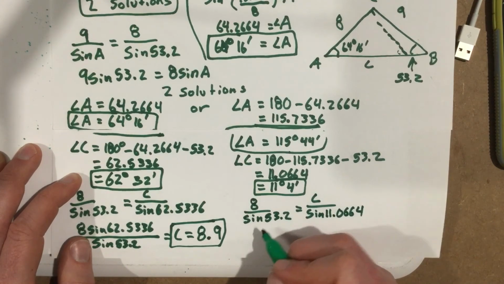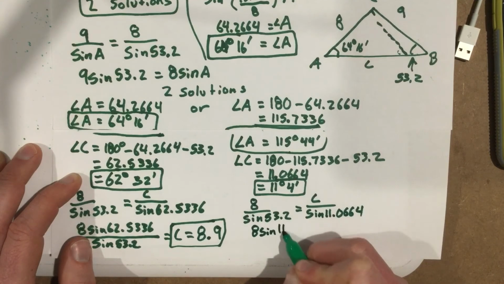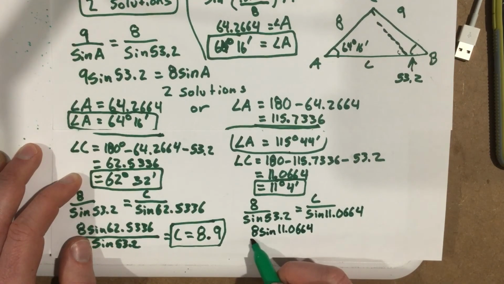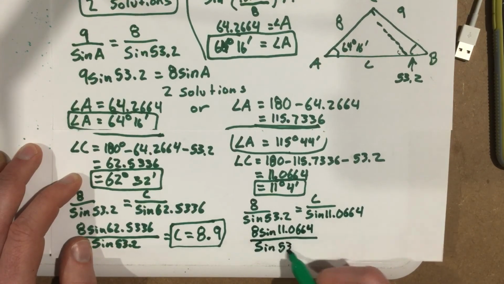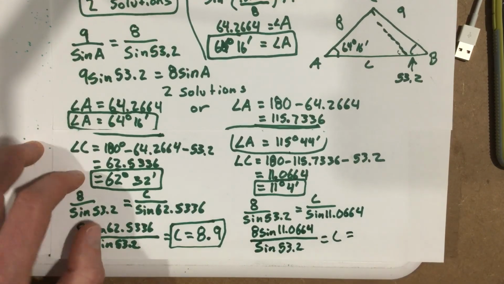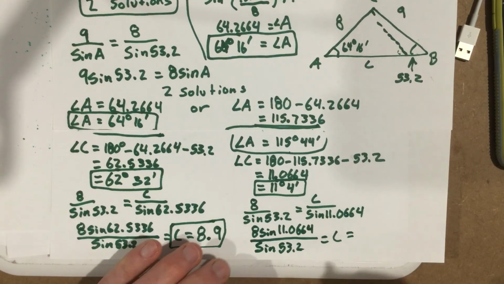Multiply that across, and we end up with 8 sine 11.0664 divided by sine 53.2 equals C. Plug that in the calculator, and I end up with 1.9.